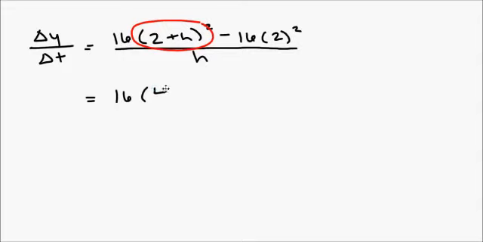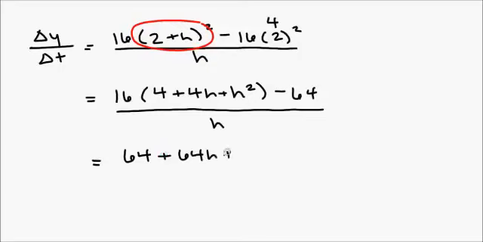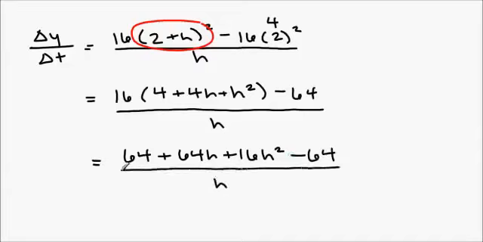So we're going to have 4 plus 4h plus h squared minus 16 times 4 is 64 over h. Distribute your 16, so we have 64 plus 64h plus 16h squared minus 64 over h.